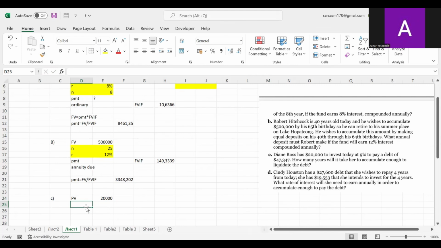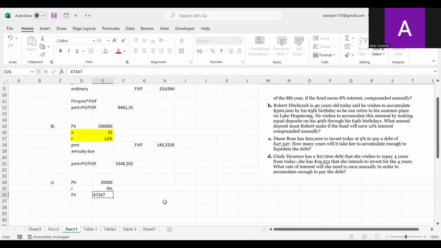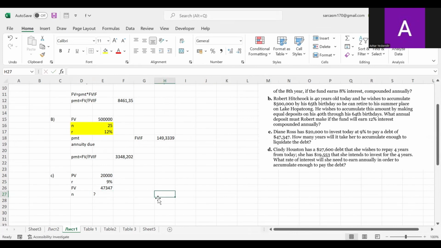All right. What else do we have? We have an interest rate of 9%, and a future value of 47,347. The number of years is unknown.